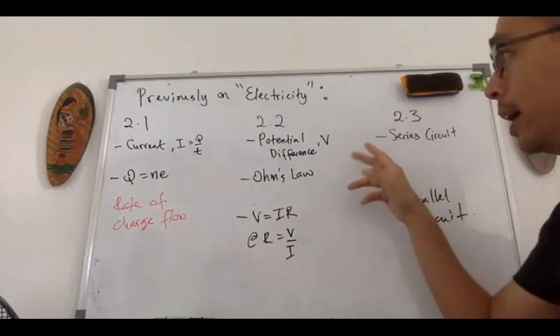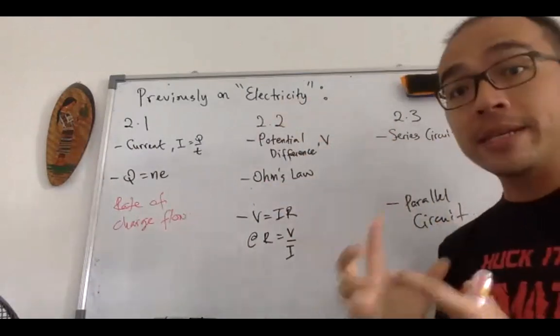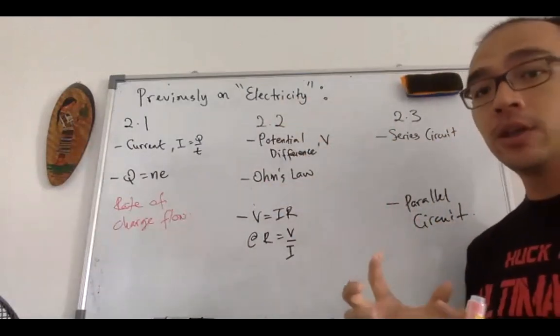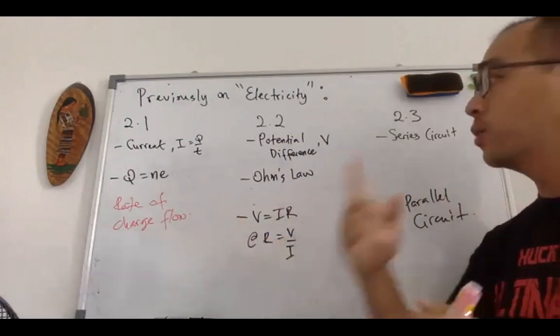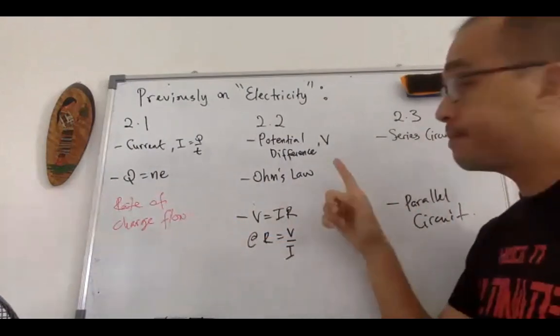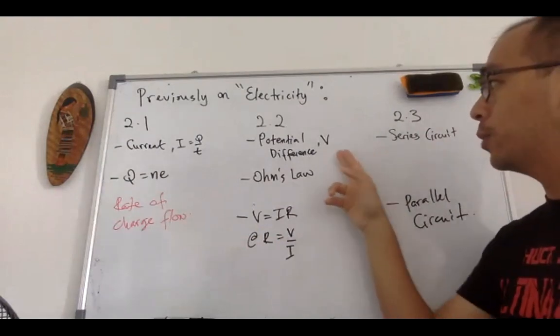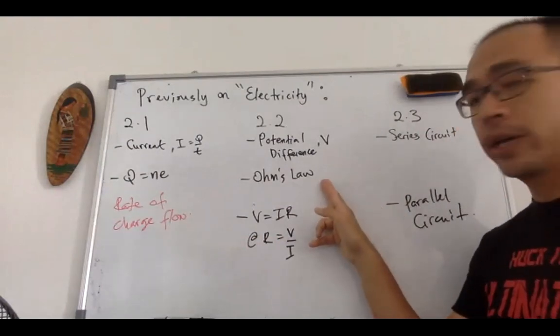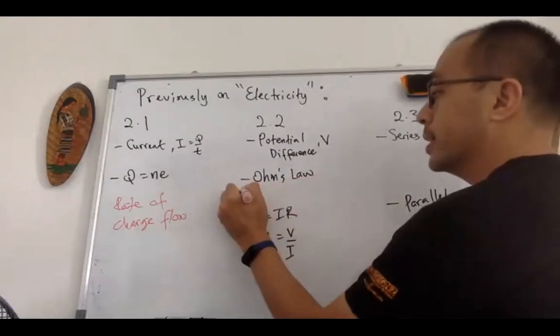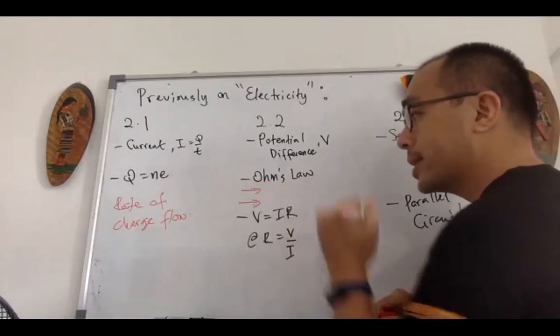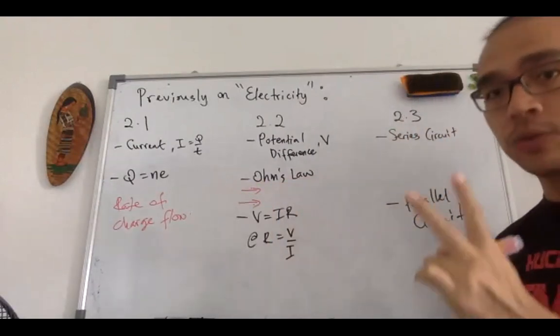Then, in 2.2, which was the heavy subtopic, we learned a lot of things. Firstly, we learned what potential difference is, and after that we connected it to Ohm's law. Ohm's law has two sentences. If you don't remember what Ohm's law states, remember that there are two parts to it.